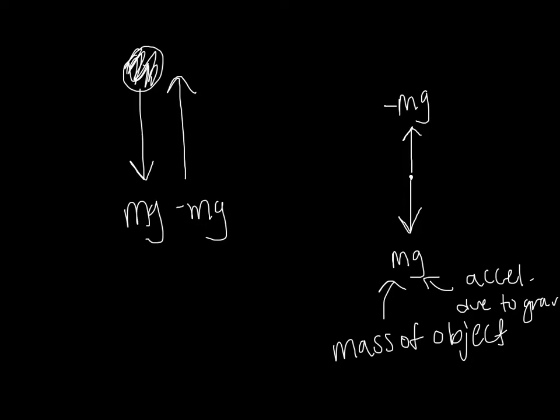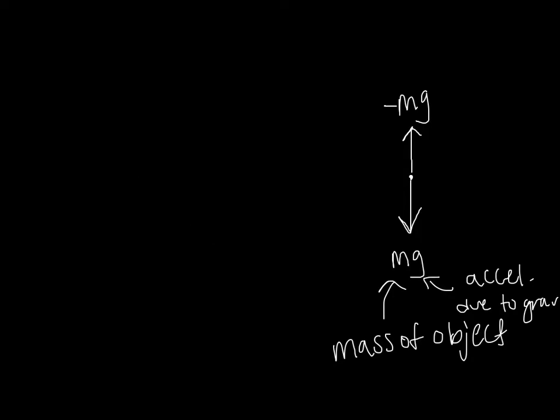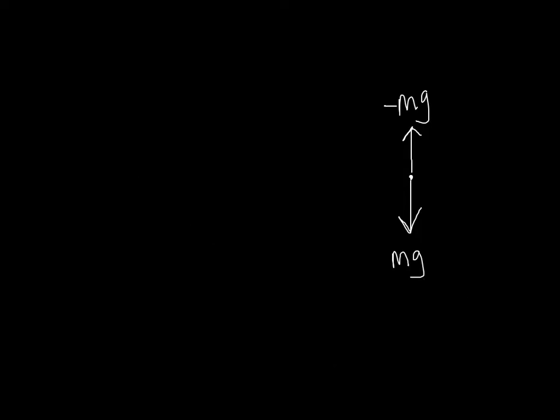Let's do another example. So if I have an object, let's say a book, sitting on a table. So here's my book, here's all of its pages, sitting on a table.